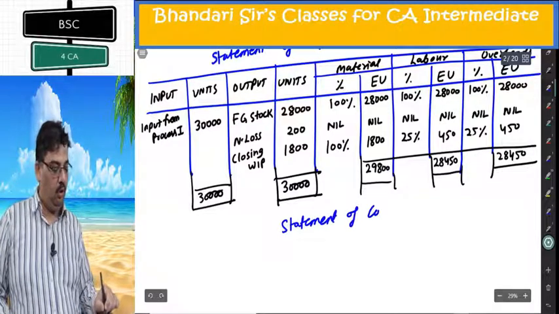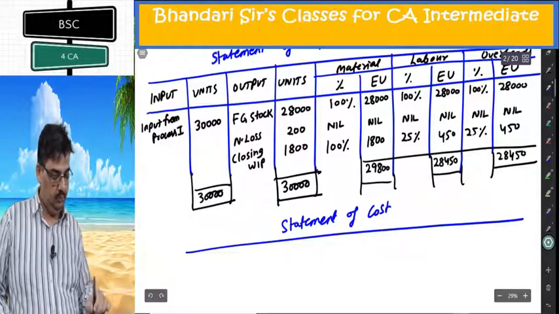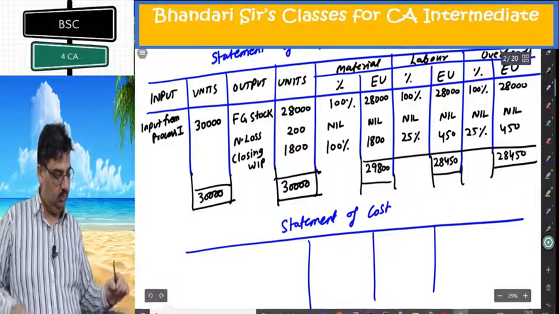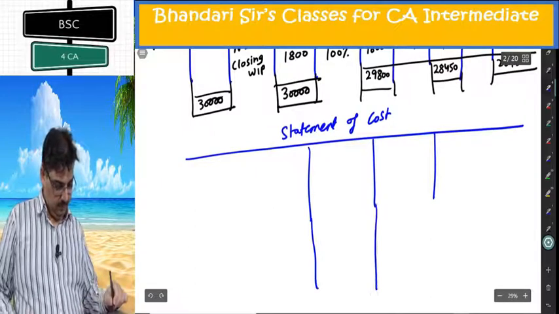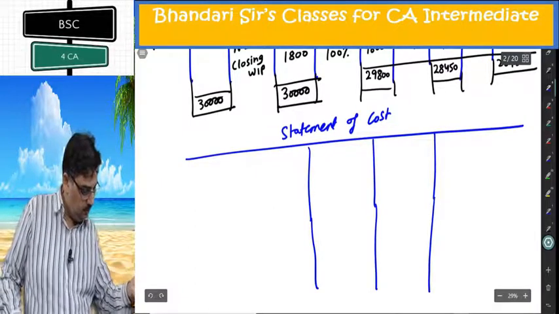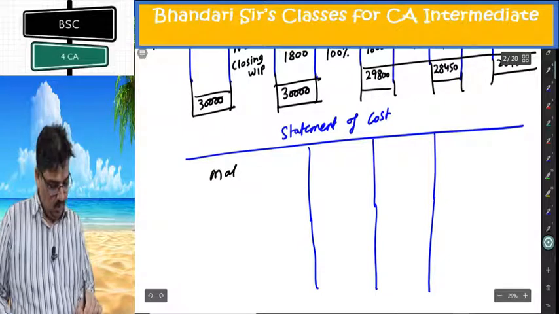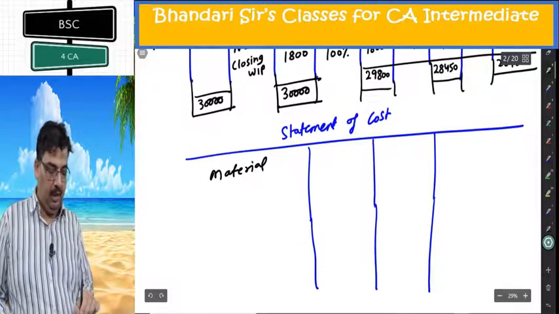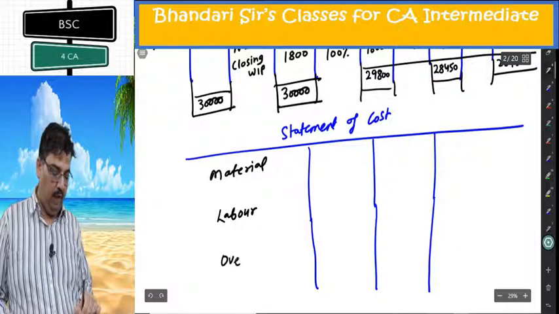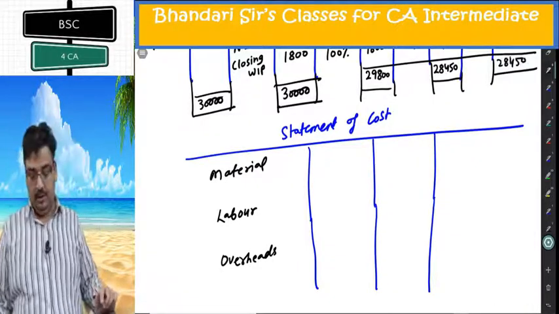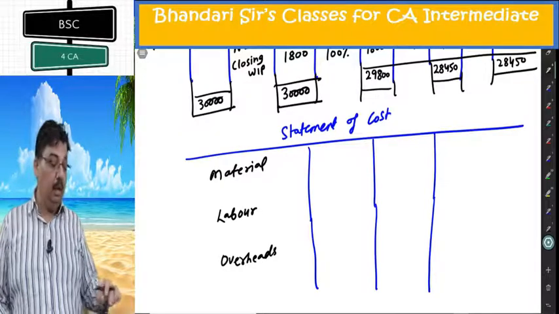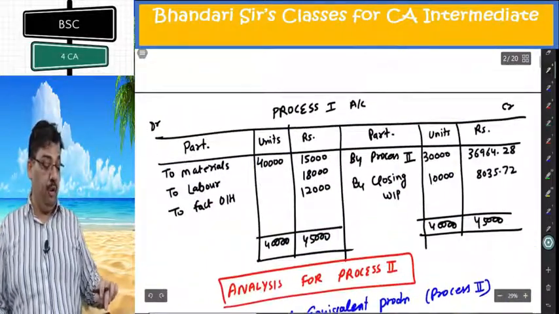Statement of cost. No opening WIP here. So FIFO or weighted average does not matter here at all. Material, labor, overheads. Now, what is the material cost? What you received from the earlier process.